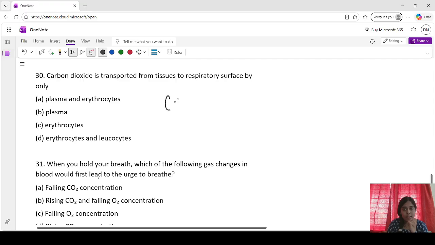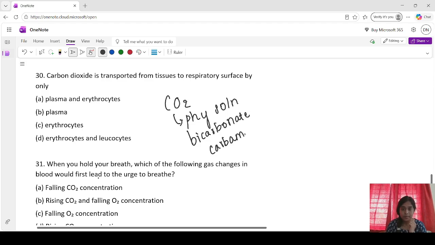Usually, carbon dioxide, that is CO2, is carried by blood in three forms, that is physical solution, bicarbonate ions, and carbaminohemoglobin. A very small amount of carbon dioxide dissolves in the plasma and is carried as the physical solution.